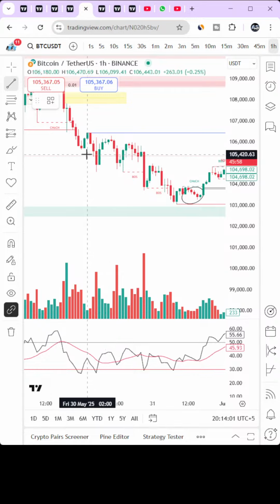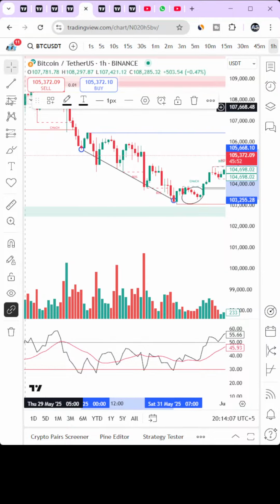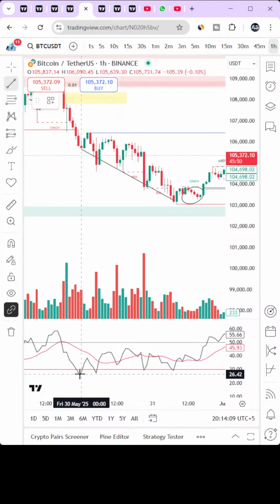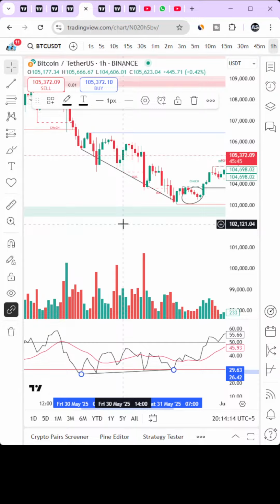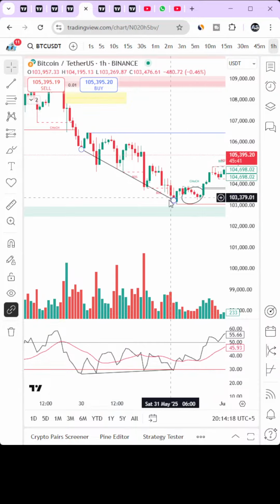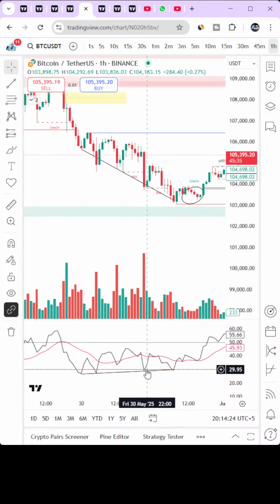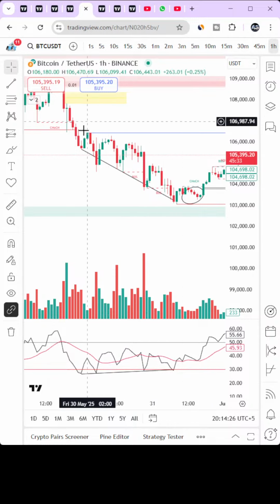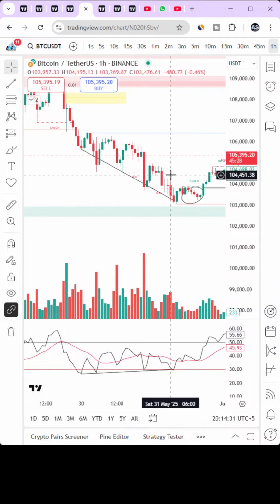Now you can see from this level to this level, the market was creating lower lows and lower highs, but the RSI was slowly and gradually making some high points. To catch this buy, we had to wait for this divergence to form, and we were able to catch these sell movements.